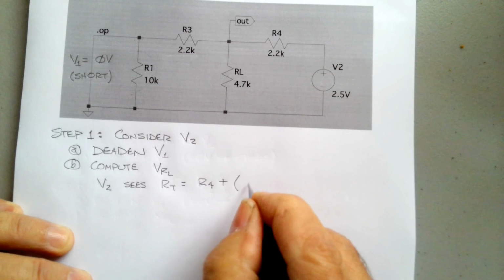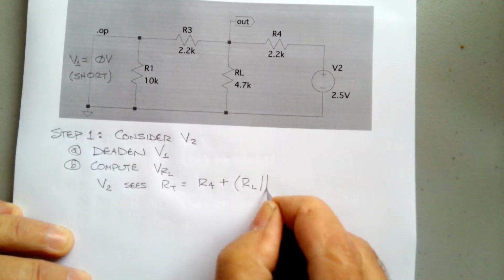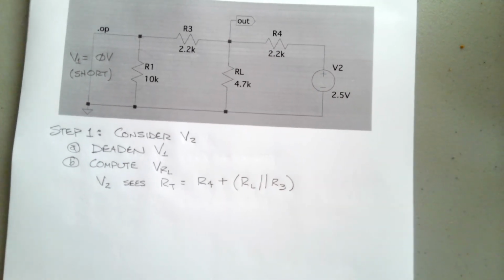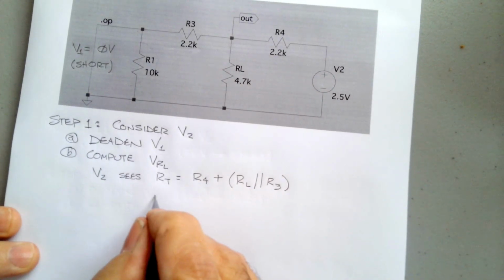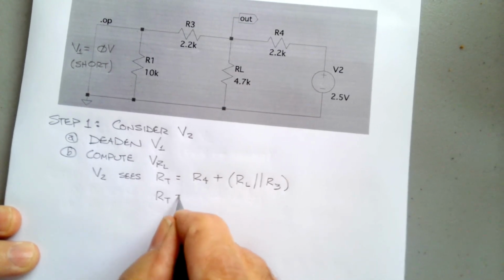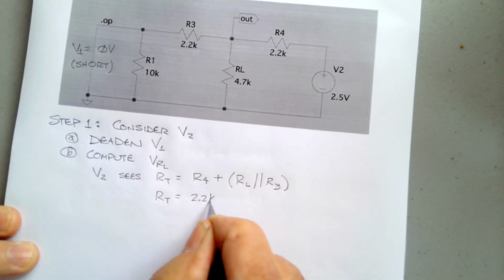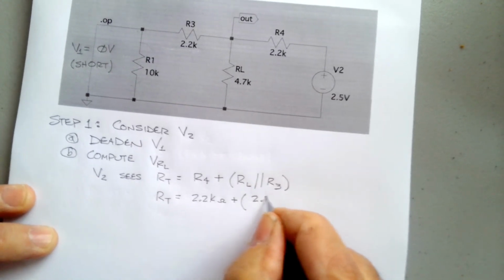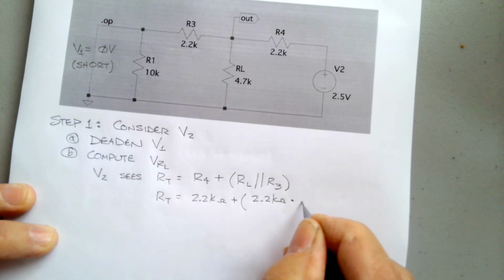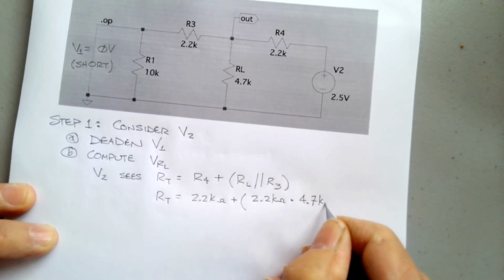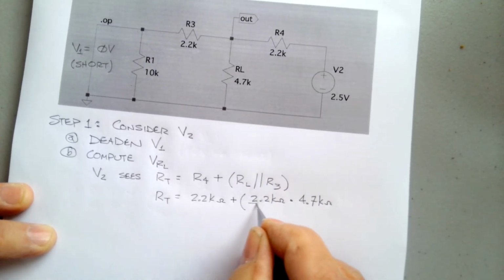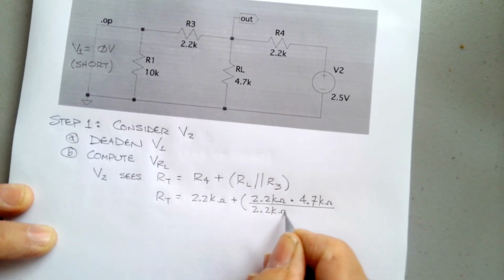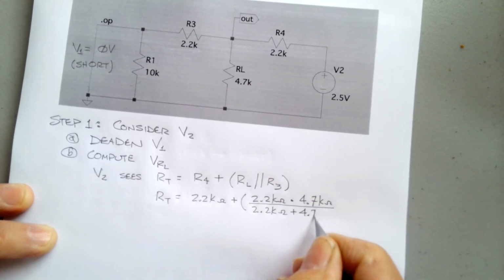So this will be RL in parallel with R3. Okay? So R total is equal to 2.2 k ohms plus 2.2 k ohms times 4.7 k ohms divided by 2.2 k ohms plus 4.7 k ohms.